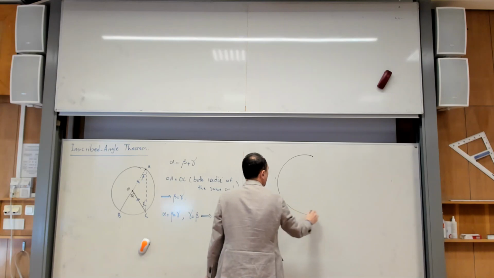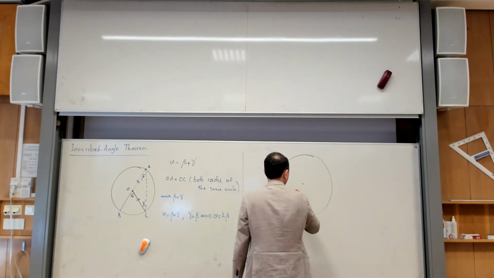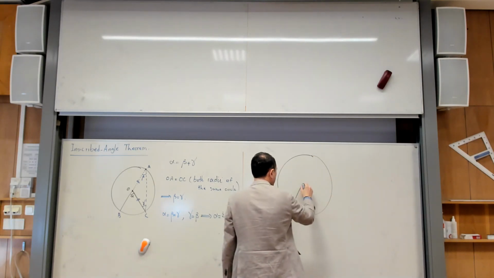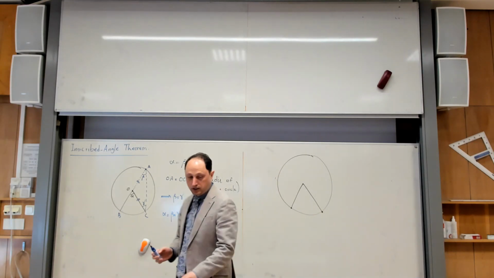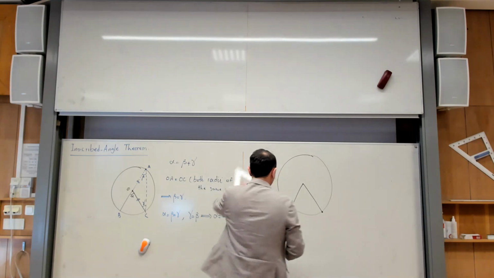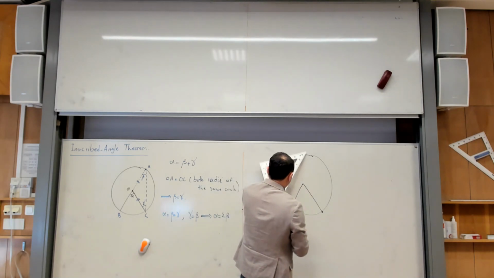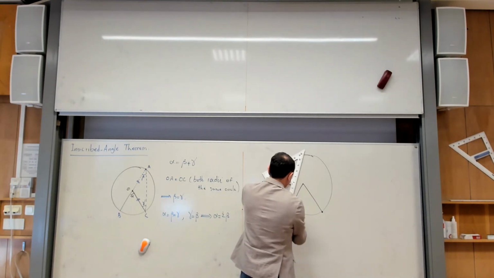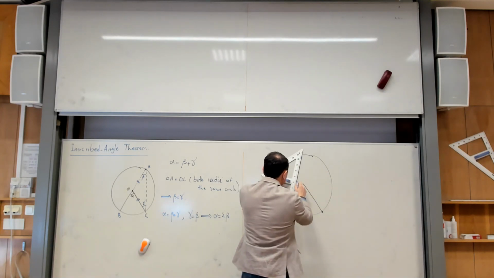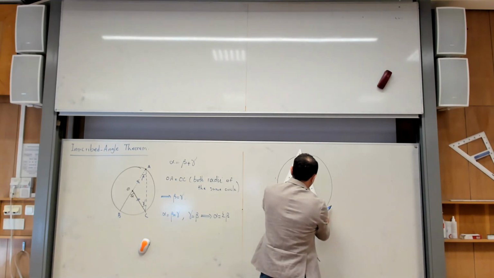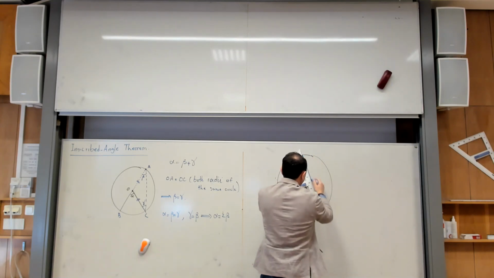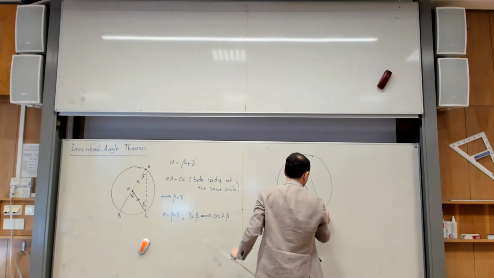You know, I take this circle, and then I have a central angle here. But this time, let me consider this inscribed one. For example, the one that I have here. So I want you to tell me why this time again the same works. Because the picture is different.